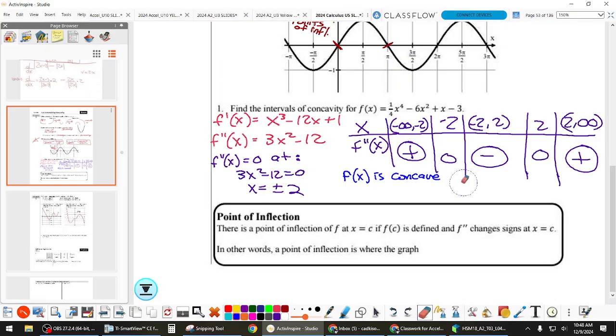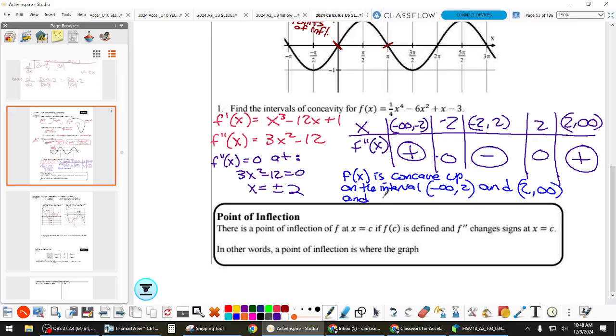Are we good on the concave up part? Negative infinity to, so f double prime is positive anywhere along there up to negative 2, right? Yeah. Okay. What are we going to probably think happens at negative 2? Okay, so we'll have to be careful, but yes. And then where else? From negative 2 to 2, f of x is going to be concave down.